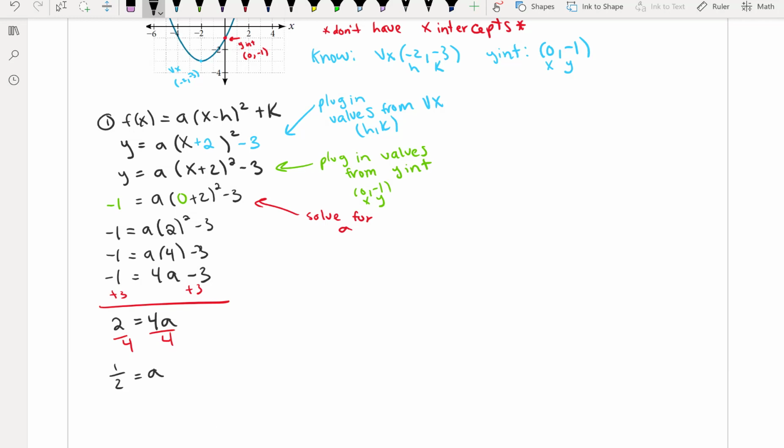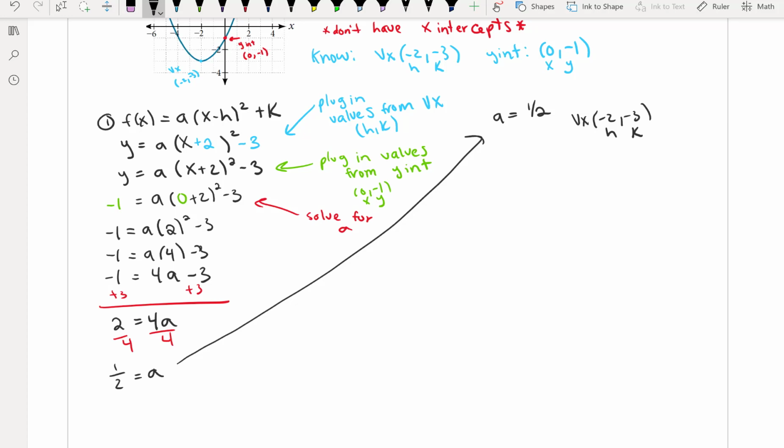Now that I have my a value, I can rewrite this, okay? Now I have that a is equal to 1/2. I also have my vertex, which is -2, -3, as my h and my k. That's all I really need in order to rewrite this in my vertex form.